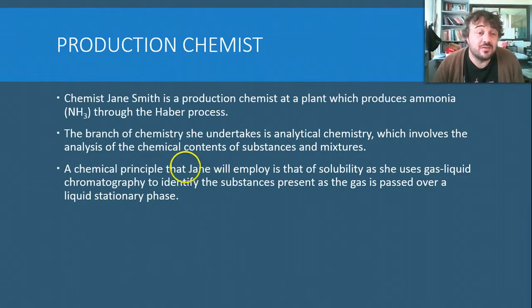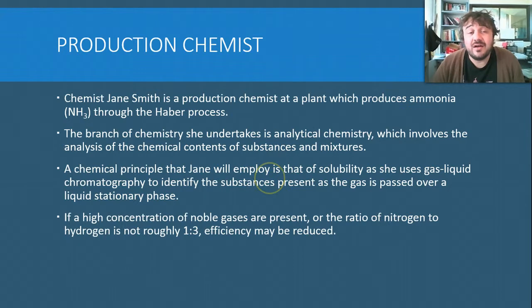We'll go into this in more detail. You do not need to understand the Haber process yet. You will, but right now we're just sort of doubling up a little bit. So she needs to know how soluble it is as it passes over a liquid stationary phase. So if we've got a high concentration of noble gases, the ratio of nitrogen to hydrogen is not roughly 1 to 3. The efficiency will be reduced.